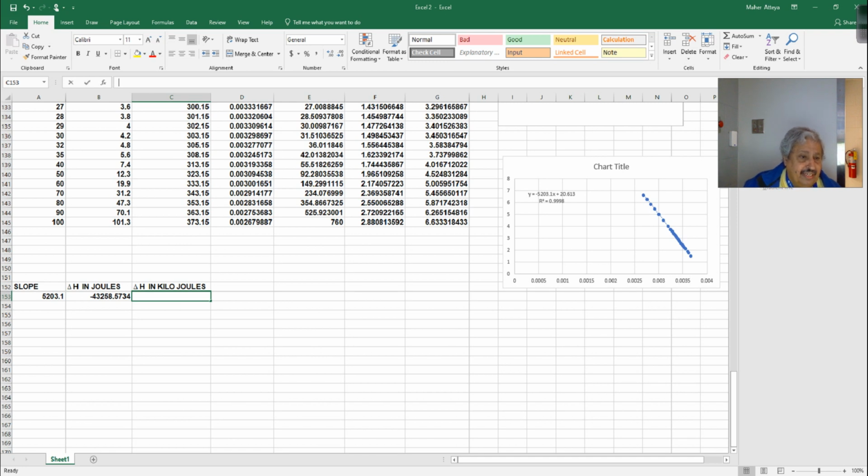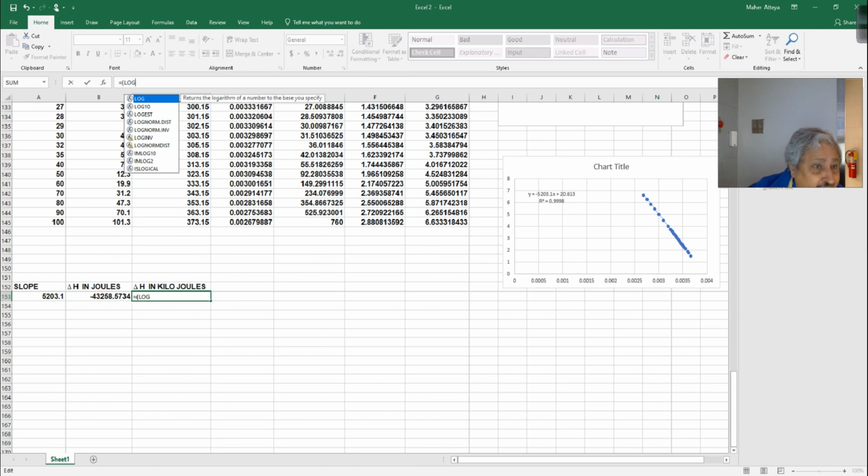Then I will take this column here divided by 1000, correct? So let's take, that's the last time, then we are done. Take this one here, the log of what? I will take this column here, which is B 153, divided by 1000. Okay, and enter it here.